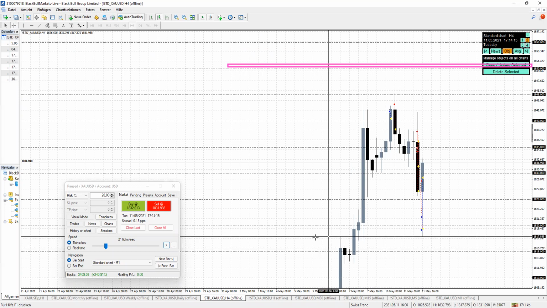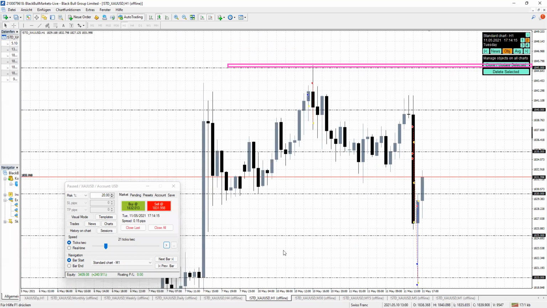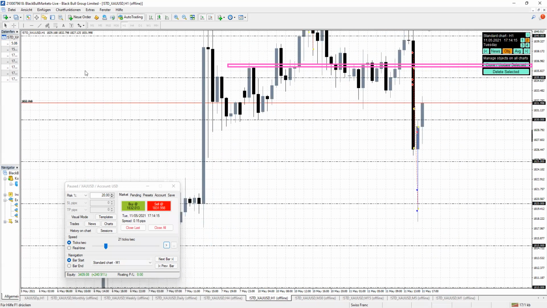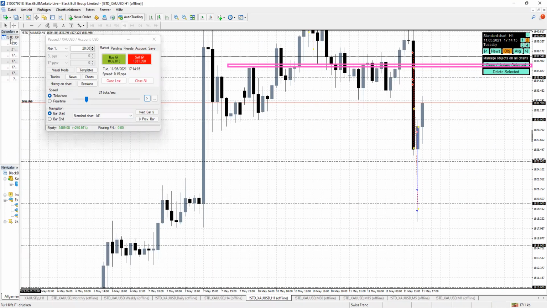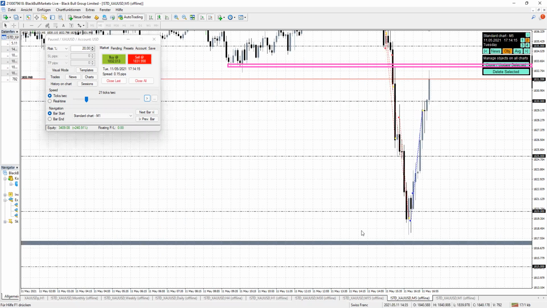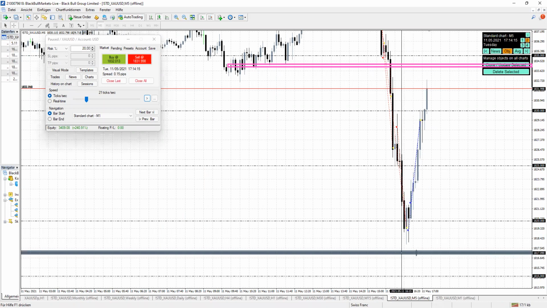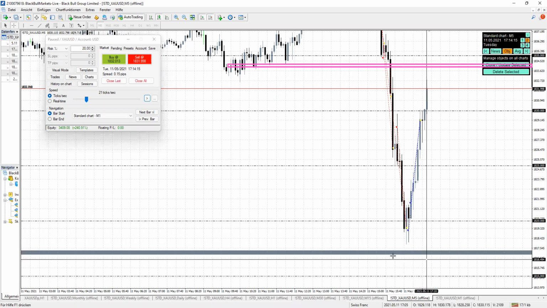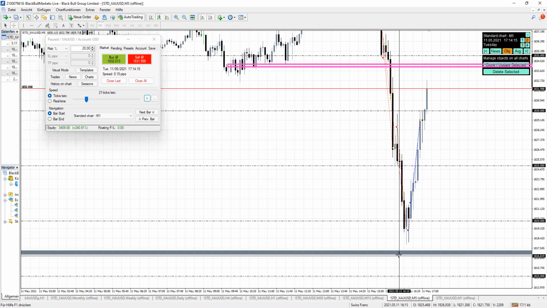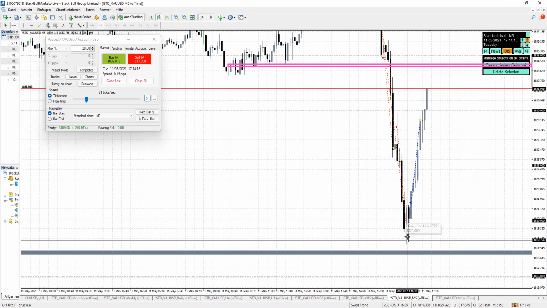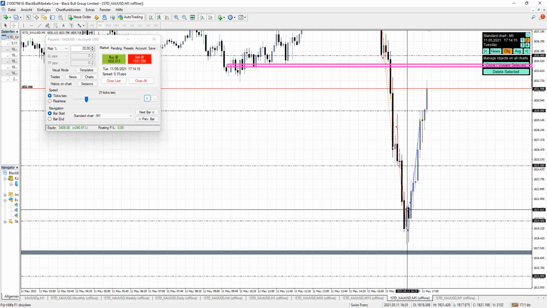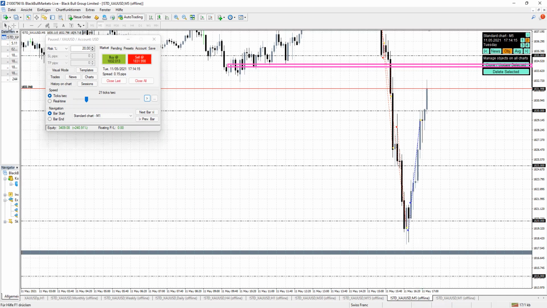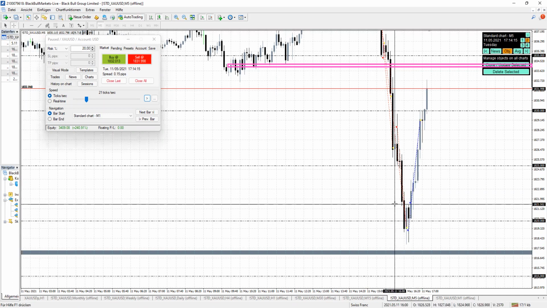Why did we go for it? Because I've seen this a lot of times, and it did everything we said earlier, what we expected. But if you had gotten a 5-minute close below the structure, don't forget about the buys, it would have been a bloodbath at that point. But we waited for confirmation as well: a 5-minute close, we waited for NYC, a pullback, a close again above 20, and the safest one, to be honest, was this entry.